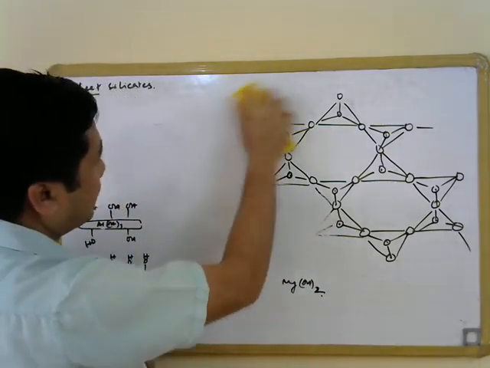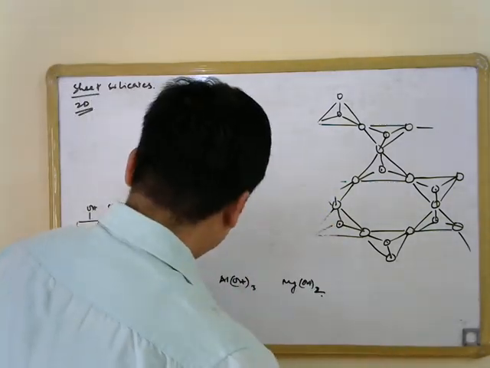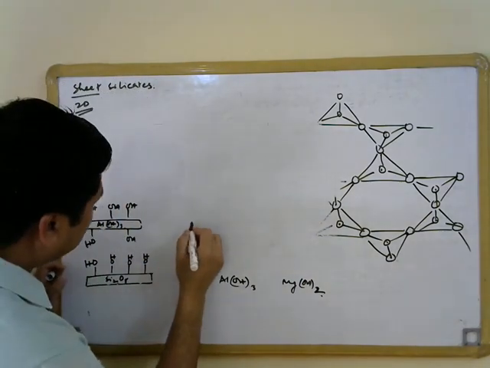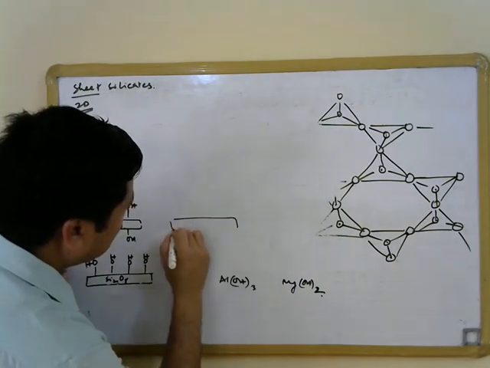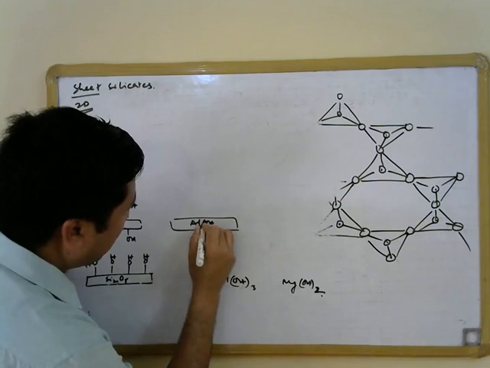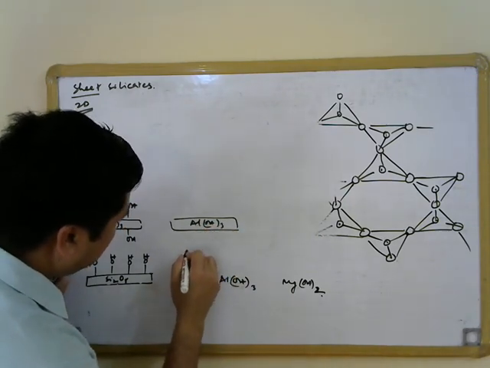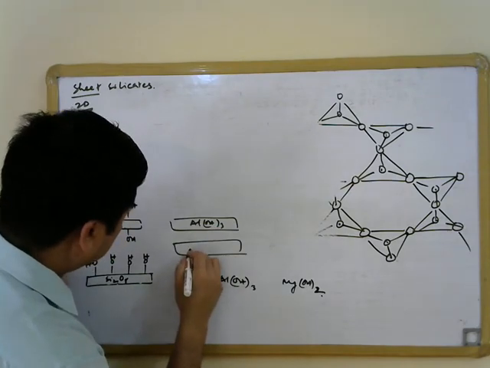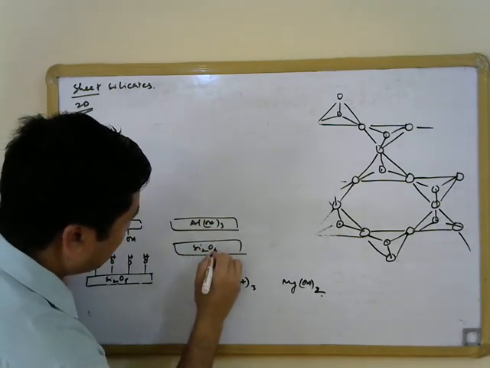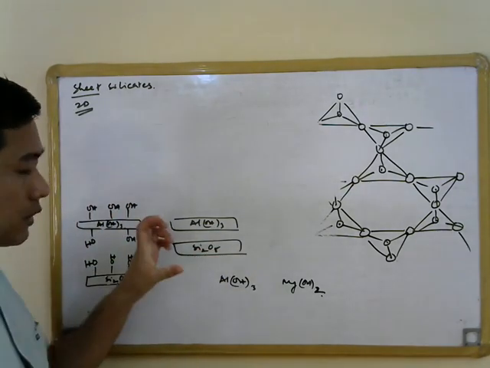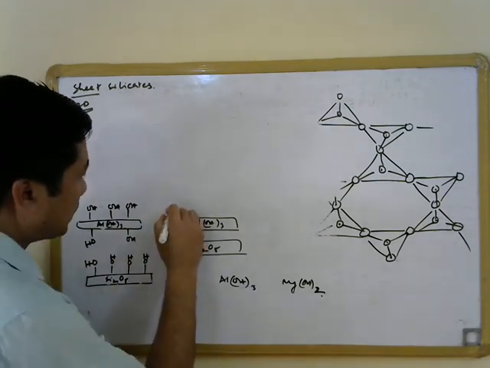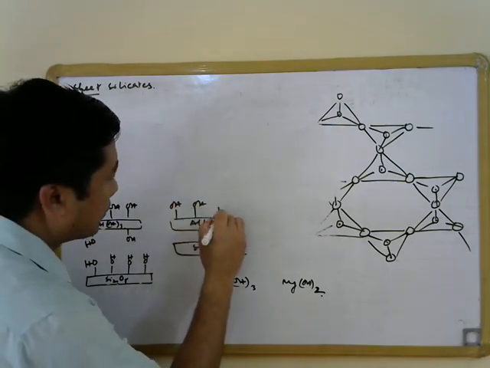And then what is going to form is a special type of sheet silicate structure where we have an Al(OH)3 layer and this Si2O5 layer stacked together in this way. Of course, this will also have OH groups on this side.